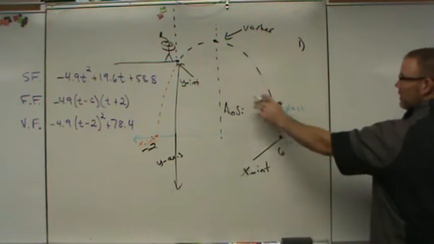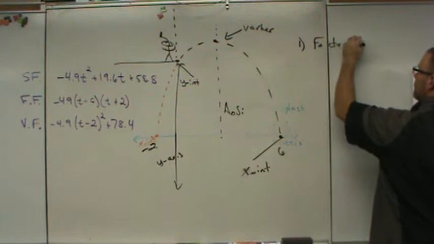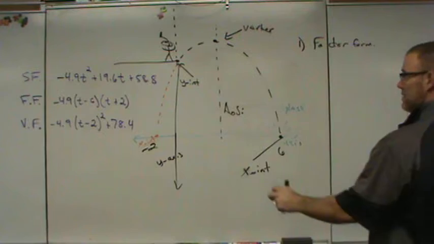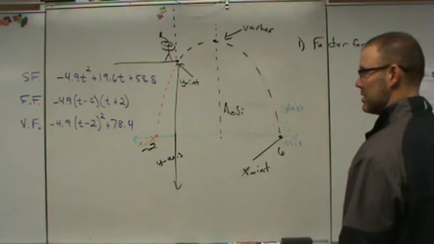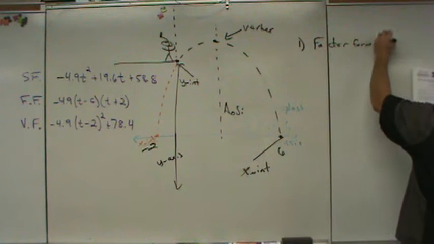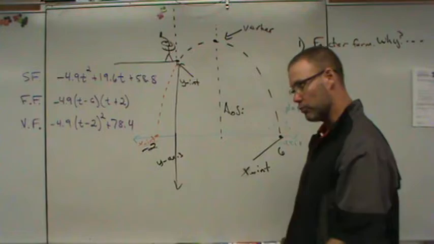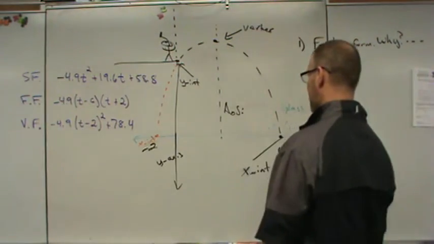Question number one, we pulled that out of factored form. And the reason why is because the factors, and you can copy this down, the factors tell us the x-intercepts. Make sure you include y. I'm not going to write it down for you. Rewind if you need to. The factors tell me what the x-intercepts are.